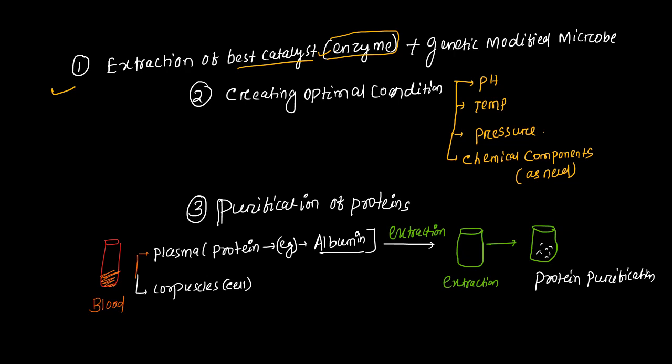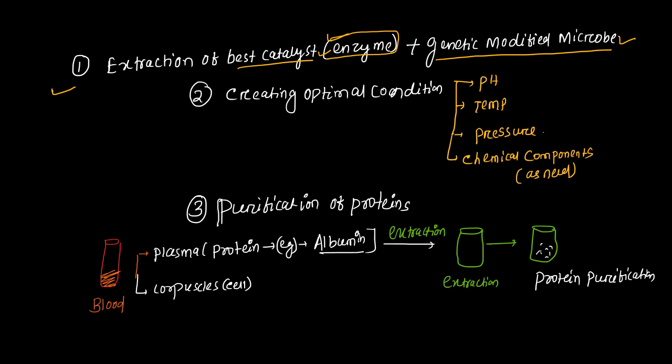So these enzymes help in different reactions. Next, genetically modified microbes. These microbes help in different functions. How these microbes help in different functions, I will discuss later through the applications of biotechnology.